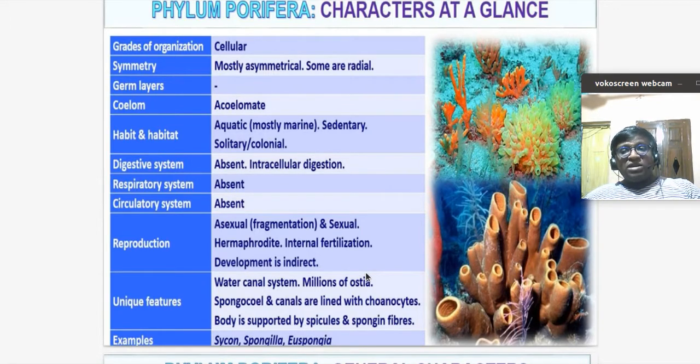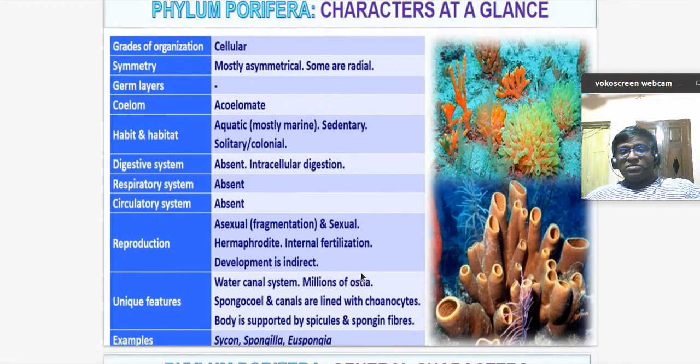The poriferans are hermaphrodites, that is, bisexual. They have both male and female gametes within the same organism. Fertilization is within the organism, so we call it internal fertilization. Development is indirect because they have a larval stage.